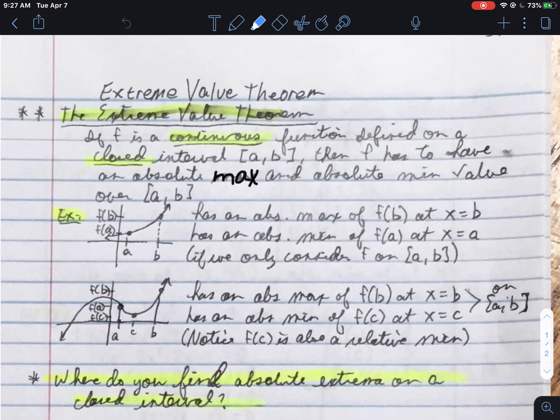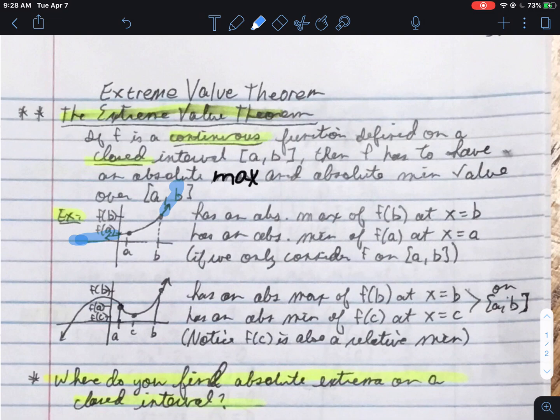So if you look at that first graph that I have, that's basically the shape of an exponential function. That was one of our exponential functions, an increasing function. Now over its entire domain, we said there is no absolute max, there is no absolute min, because that graph does shoot off to infinity here. The graph does continue to get closer and closer to zero as you go off this way, but it never hits zero.